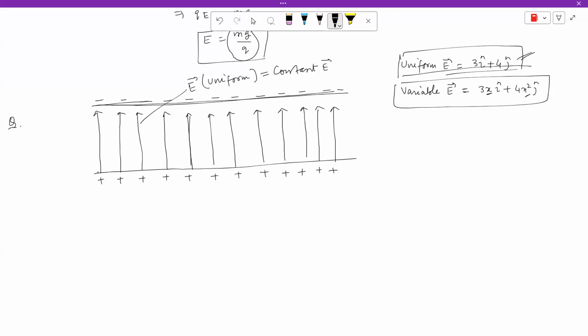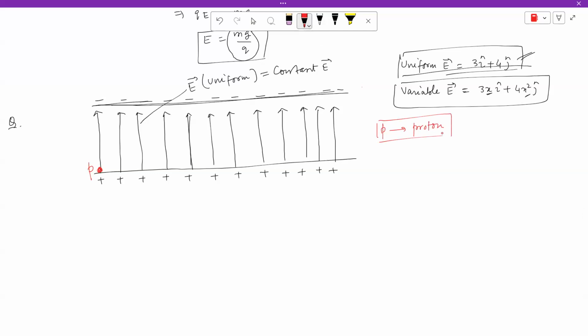So we have some uniform electric field. And now let's say at this junction we have a proton, and let me denote it by P. So P is proton. A proton has positive charge, right?